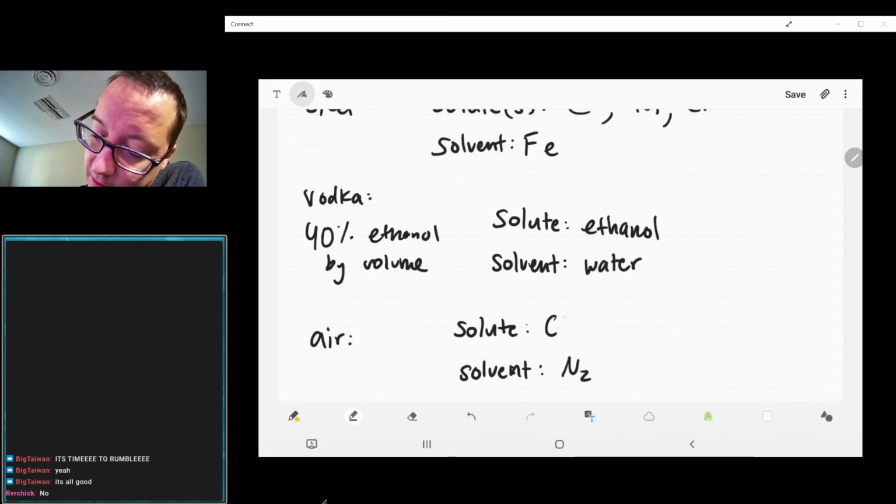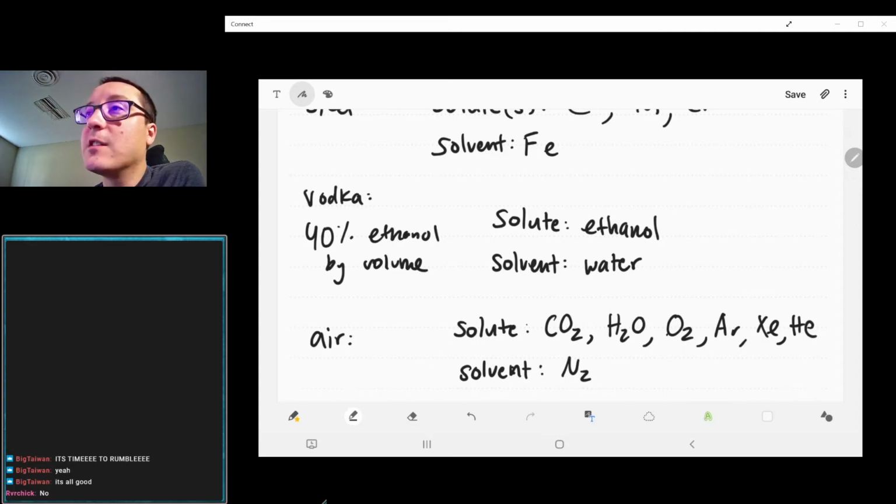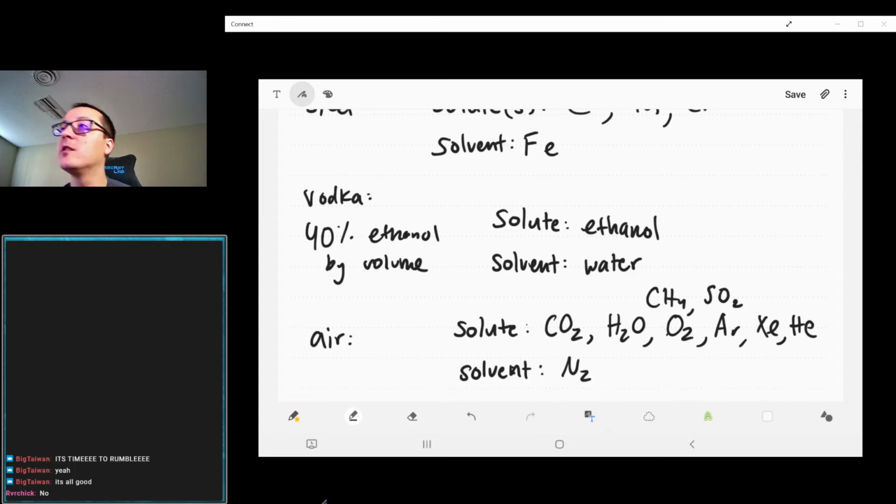Our solutes would be carbon dioxide, water, oxygen, argon, xenon, helium, whatever, all these other gases we have hanging out there, methane, sulfur dioxide, whatever our particular air sample happens to have in it. And so we're going to see that our solvent will be nitrogen. All those other components are solutes. All right. Cool. Vocab session done. We have learned what solute and solvent are.